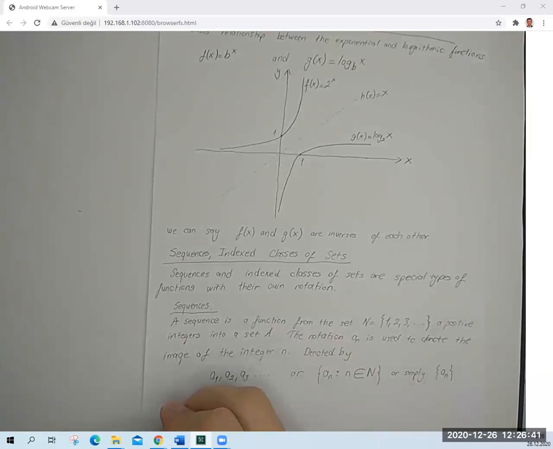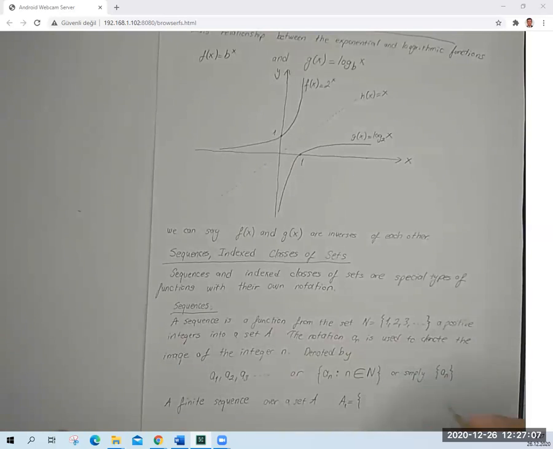If a sequence is a finite sequence on A, we can write like A is equal, okay, A1.